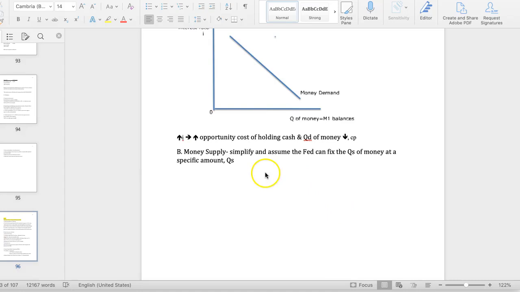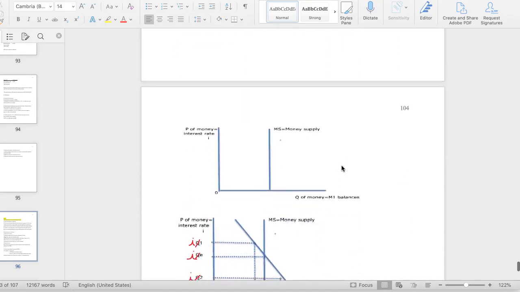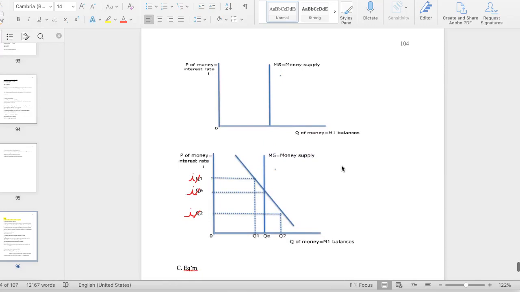So we're going to simplify, and we're going to assume that the Fed can fix the quantity supplied of money at a specific amount. Another example of how in economics we make certain assumptions so that we can build a model to prove a point or disprove a point.